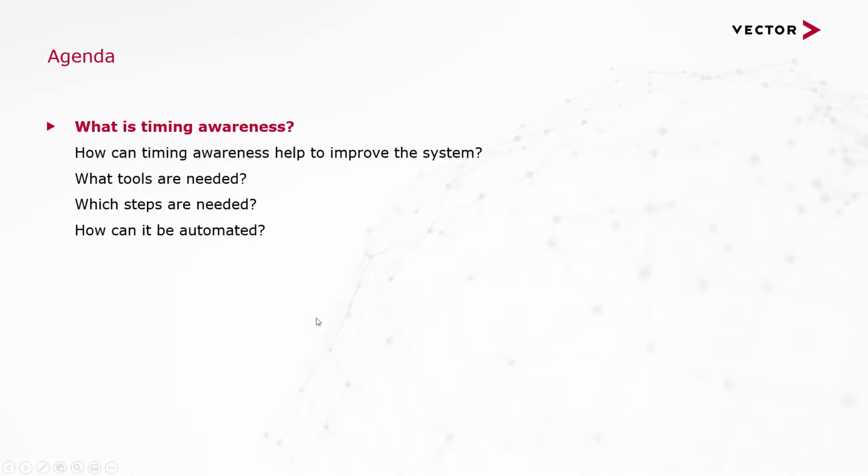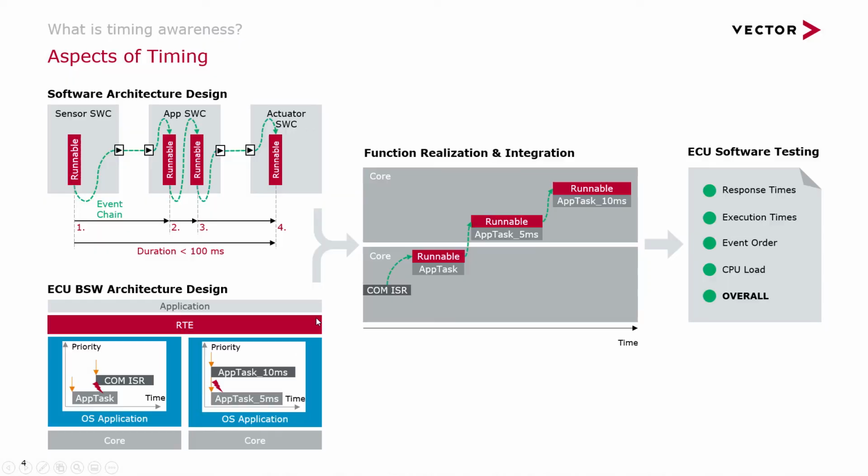So let's jump right into the topic: what is timing awareness? You have seen this very small on the previous slide already. We have different timing aspects in different phases of a project, and we have different perspectives on timing. The first one is on a software architecture design level.